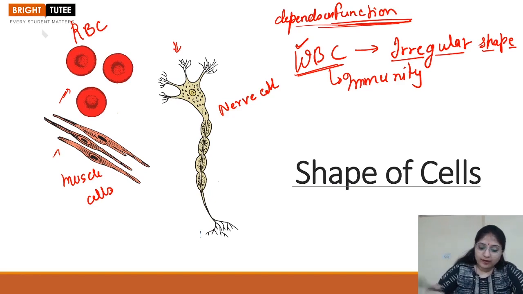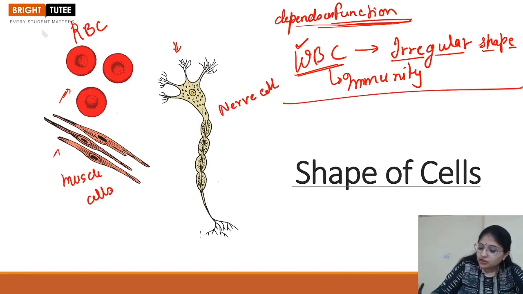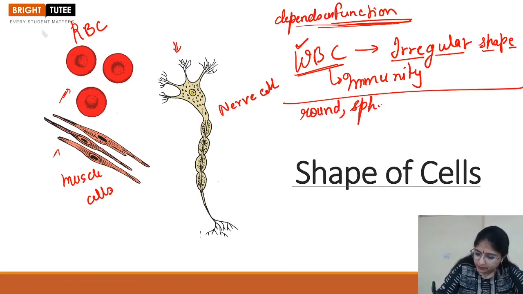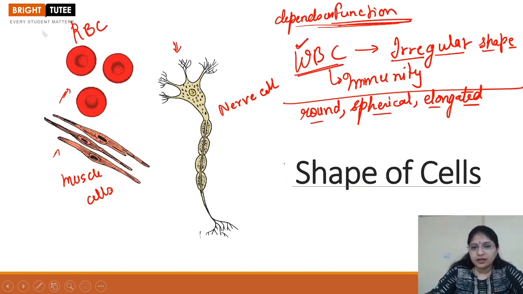Now, if we talk about the nerve cells, these cells receive messages, they transfer messages, and that's why they are elongated, right? The usual shapes that we see in cells are round, elliptical, spherical, and elongated. These are the regular shapes that we see in the bodies of one or the other organisms.